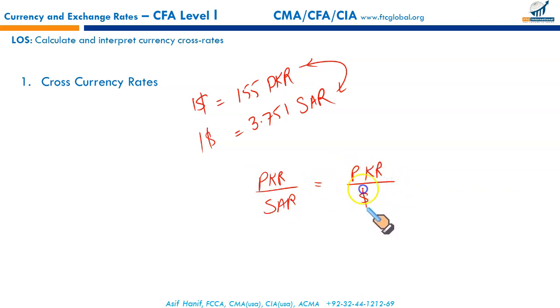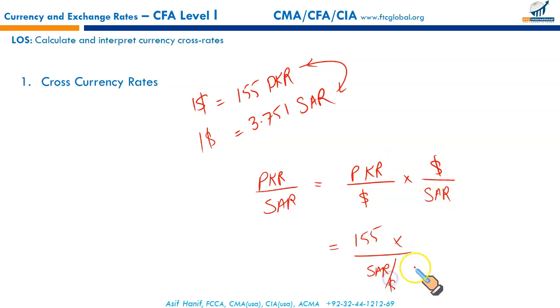So that will be PKR per dollar times dollar per SAR, which means I have PKR per dollar, that is 155 PKR per dollar, and if I just do it in the reverse, it's going to be SAR per dollar in the denominator. So it's going to be 155 divided by 3.751, just taking the reciprocal in the denominator.